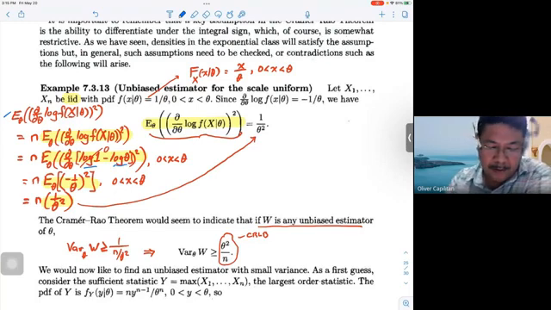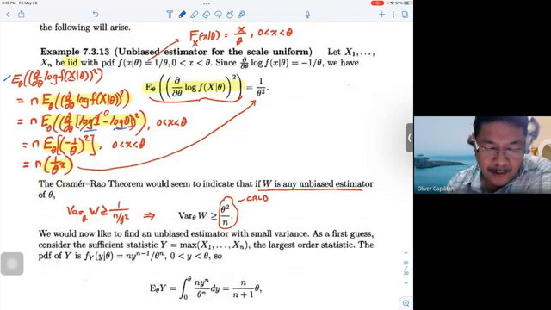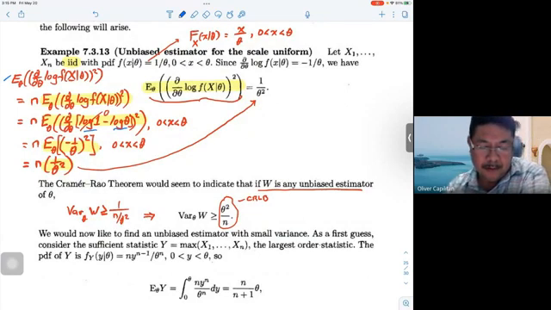How did we get this? So we have here the derivative of the square, take the log.